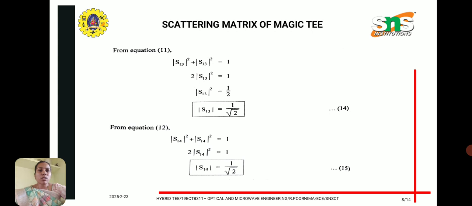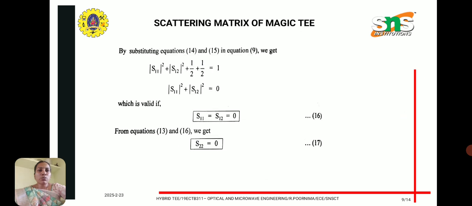From equation 11, S13 becomes 1 by root 2 and S14 also 1 by root 2. Substituting these values in equation 9, S11 equal to S12 equal to 0 and also S22 is 0.